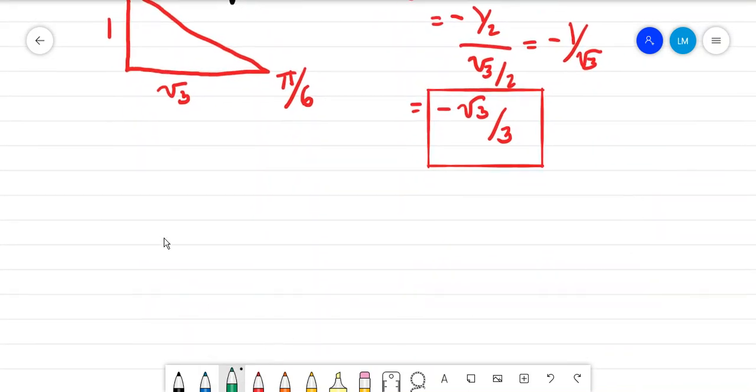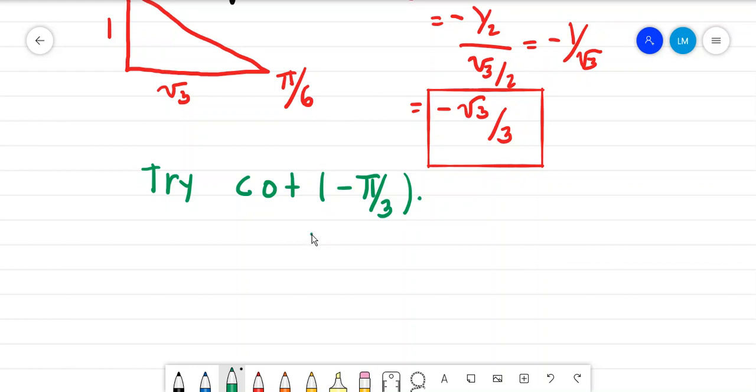Okay, now take a moment to try an example. For example, take cotangent of negative pi over 3 and see what you get. Basically, you know that you're going to need to find the coterminal angle.